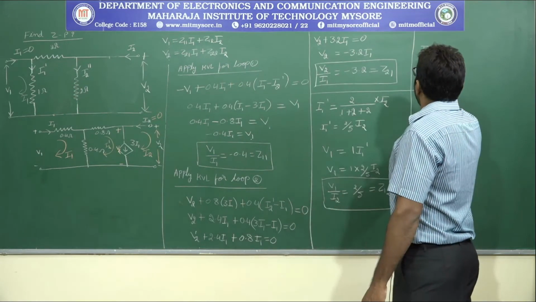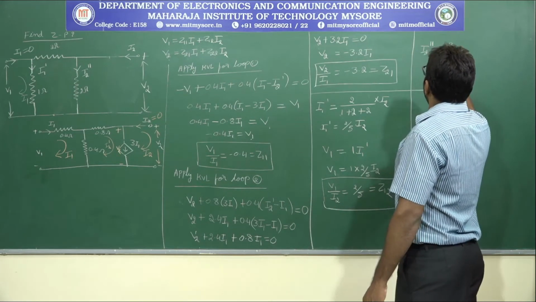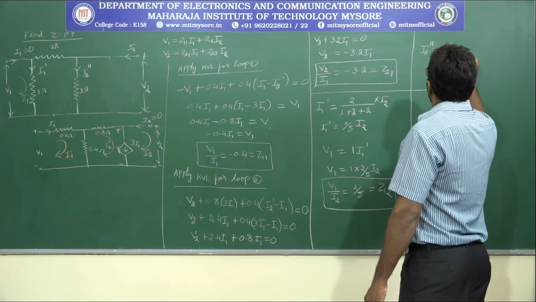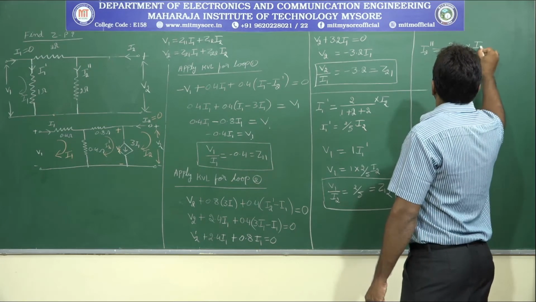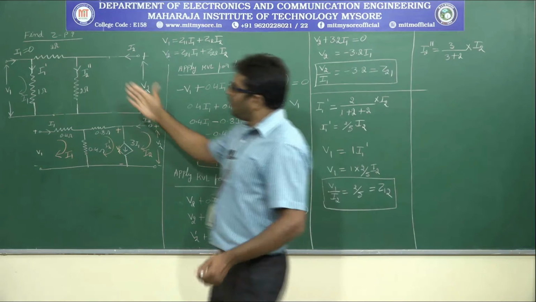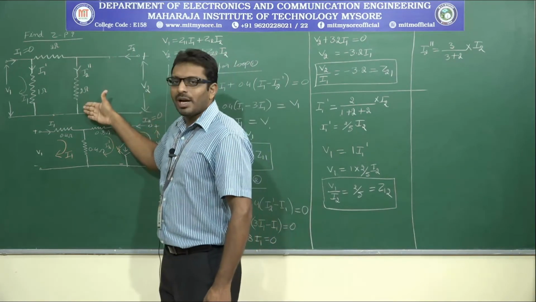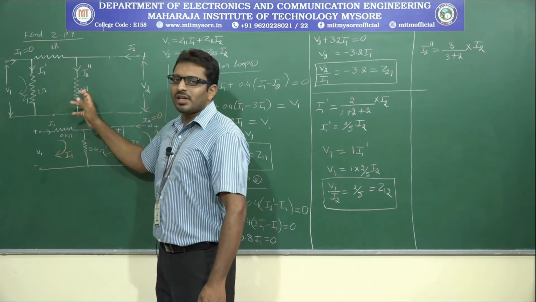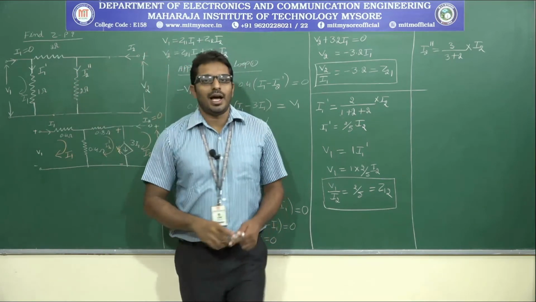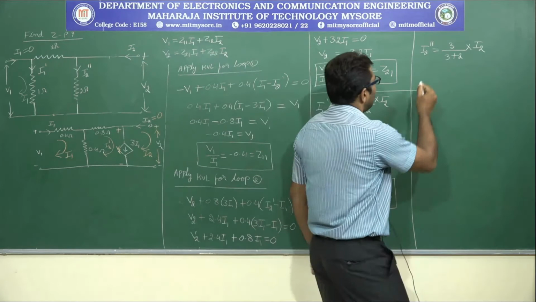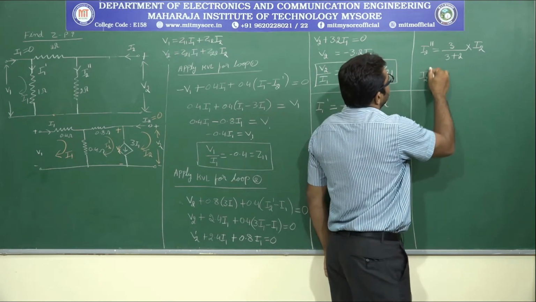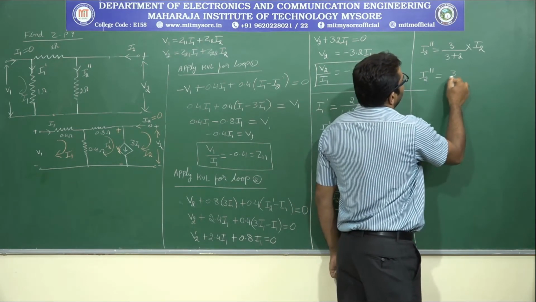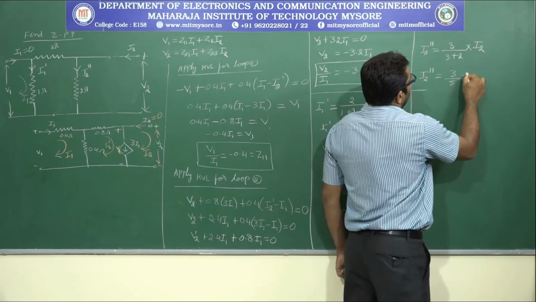Therefore I2 double dash is equal to 3 divided by 3 plus 2 into I2. Because if you want to find the current in this branch, it is the other side resistance divided by the sum of these two resistances, into total current I2. Is that clear?